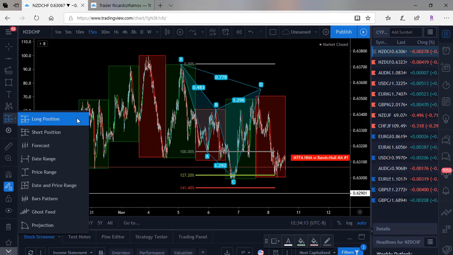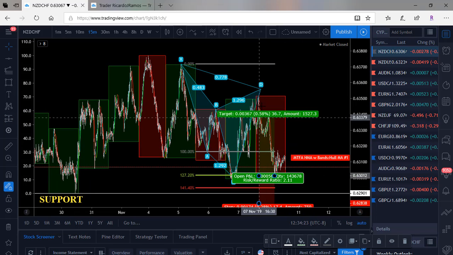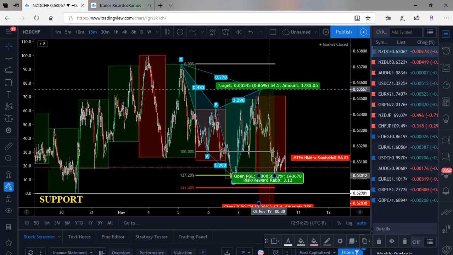I use this long position tool since we are going long from the C to D move, and my target is always the D point, that 78.6.